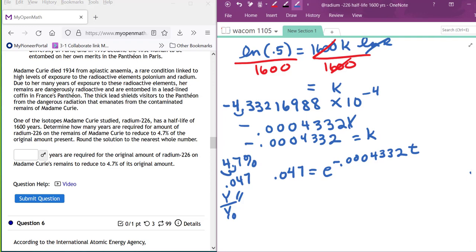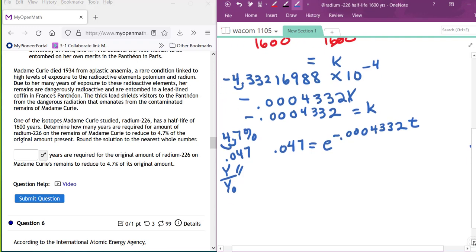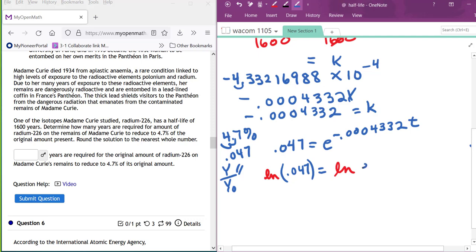This one will take a logarithm to make it come down. So we're going to do the logarithm of 0.047 equals your logarithm of e to the negative 0.0004332.